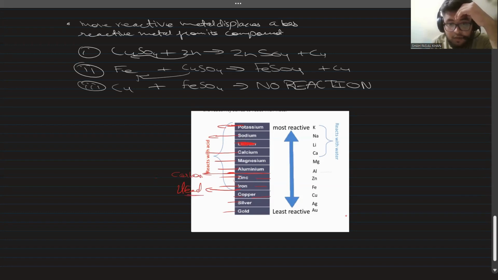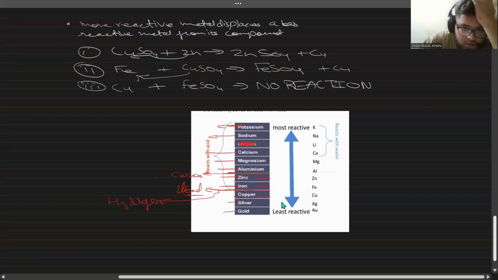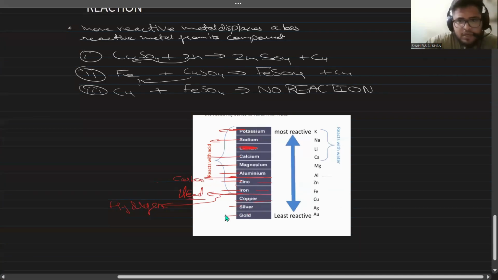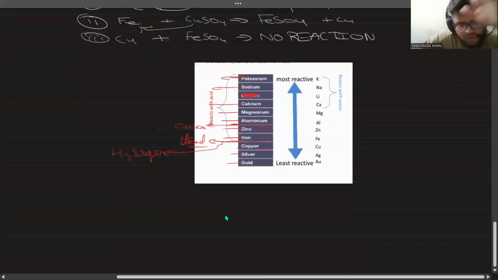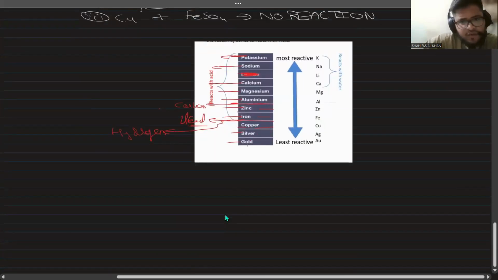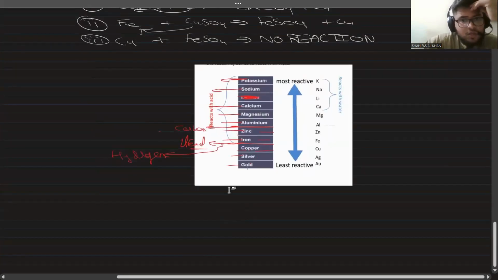After lead, here comes hydrogen. Hydrogen is used to extract copper, silver, gold, platinum, etc., because they are less reactive. Okay, this is what a reactivity series is.